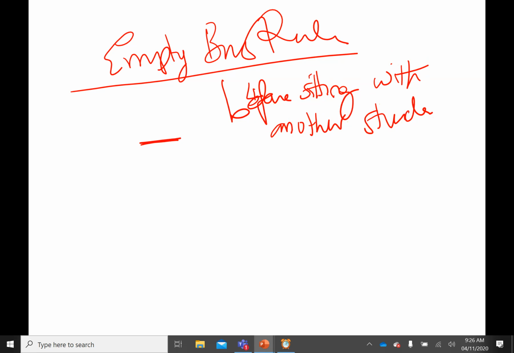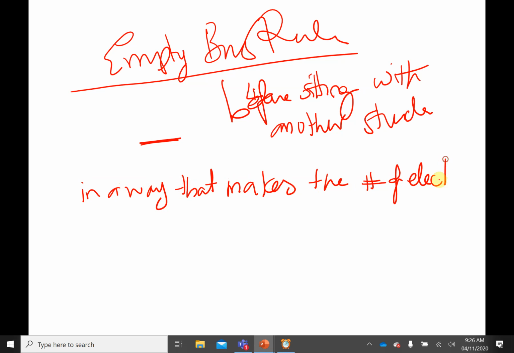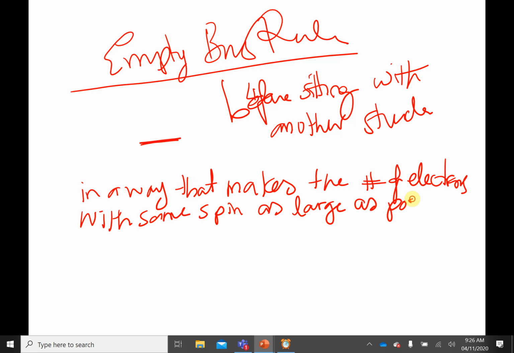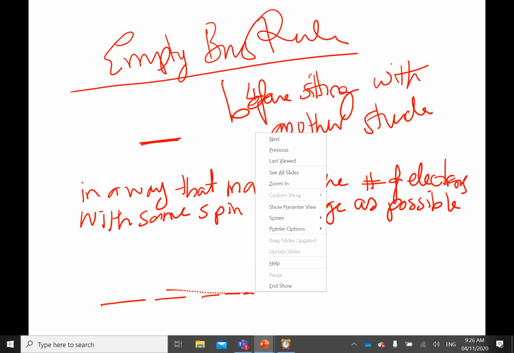Hund's rule indicates that electrons occupy orbitals of the same energy in a way that makes, this is the most important statement, in a way that makes the number of electrons with the same spin as large as possible. For example, if I have here 1, 2, 3, 4, 5, let's make them smaller.